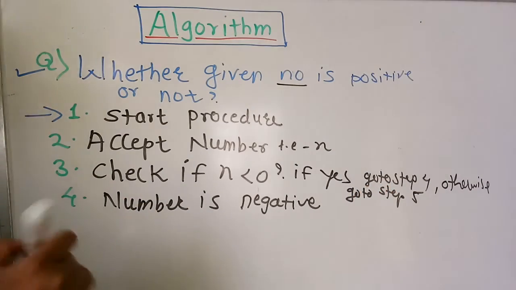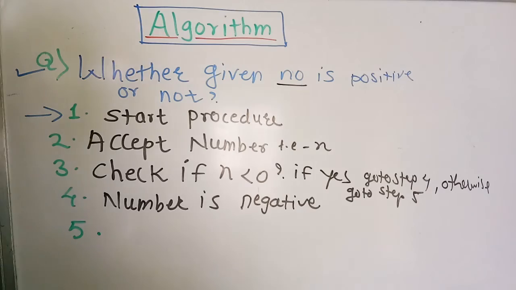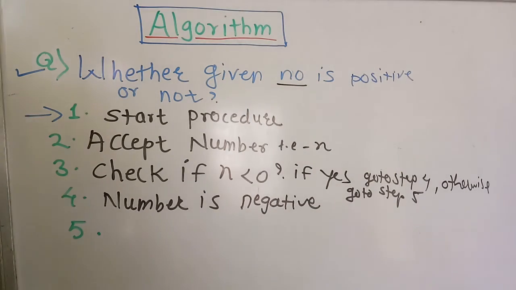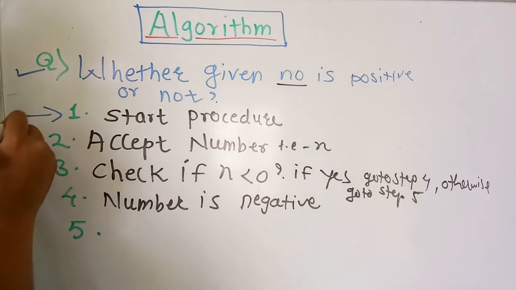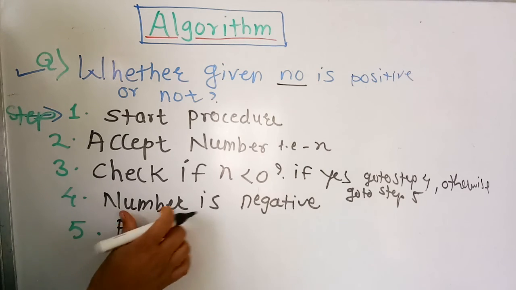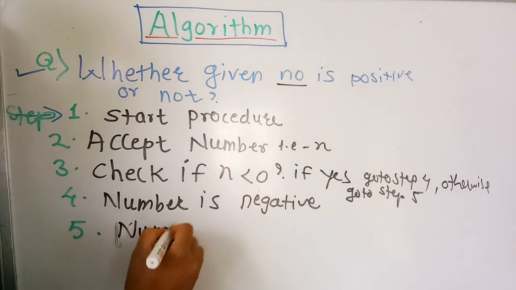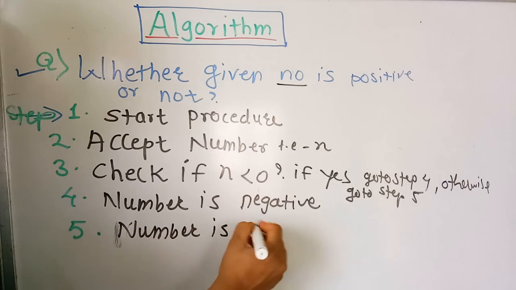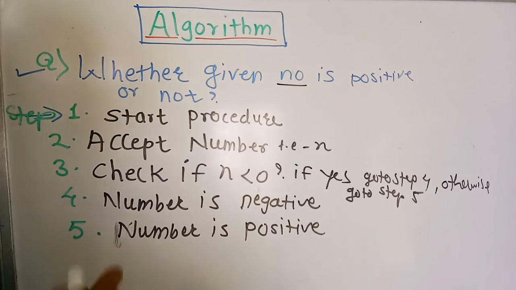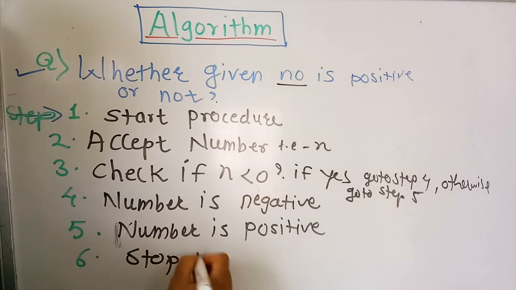How to write this go to step 4 or 5? We will list our statements clearly and then apply such mechanisms. So we will write in the fifth step: number is positive. And at the last we will write stop the procedure.